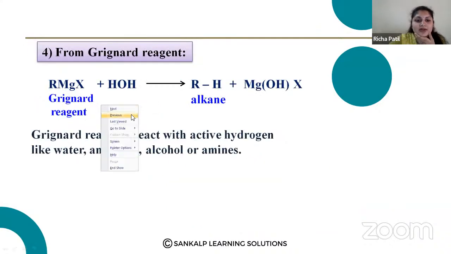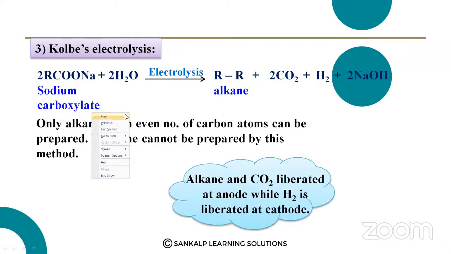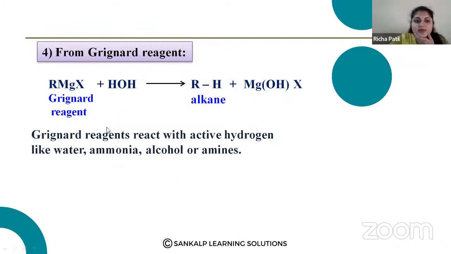So next is from Grignard reagent. What is Grignard reagent? RMgX. Organometallic compounds are called Grignard reagents. RMgX, when you react with HOH, your Grignard reagent reacts with active hydrogens like water, ammonia, alcohol, or amines. What does it form?